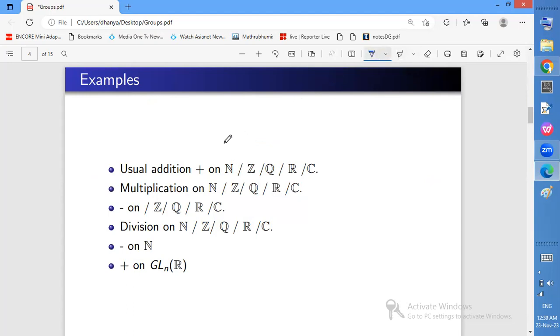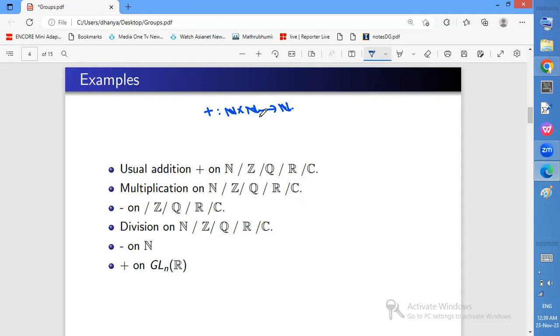What do we have to check? I have to check whether it is a binary operation on that set N or not. For that, I have to check whether the operation addition is a function from N cross N to N or not.